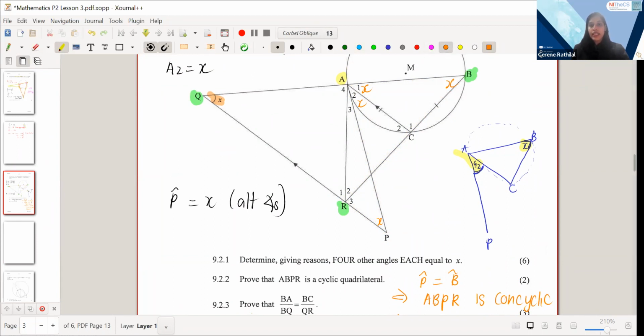So we've got that length over that length. So going that way must be equal to BC. Let's look at where BC is, which is this side, over QR. Where's QR? Ah, QR is this side.